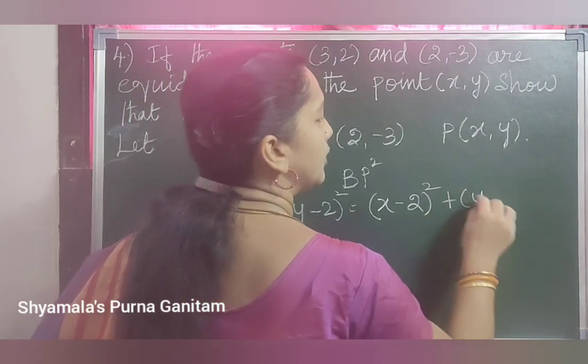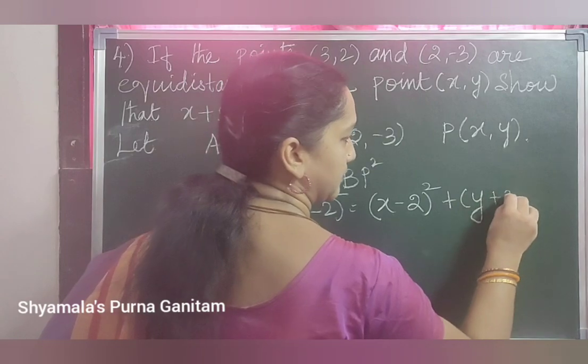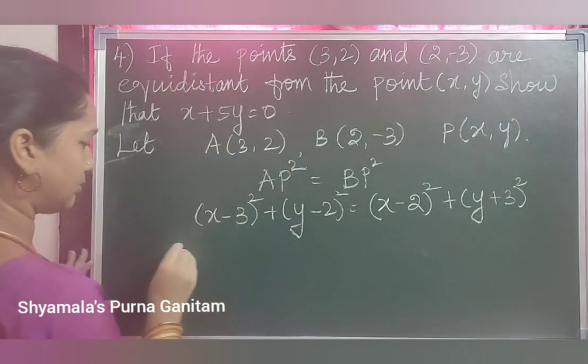Plus y2 minus, minus of minus you will get plus here. The whole square. This has to be simplified.